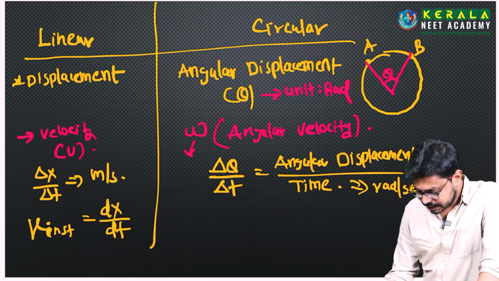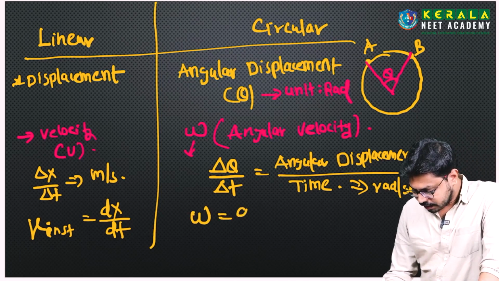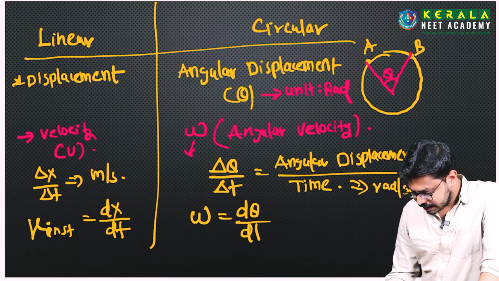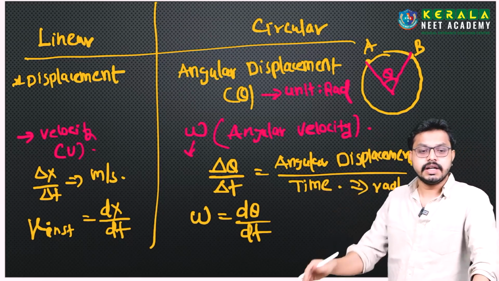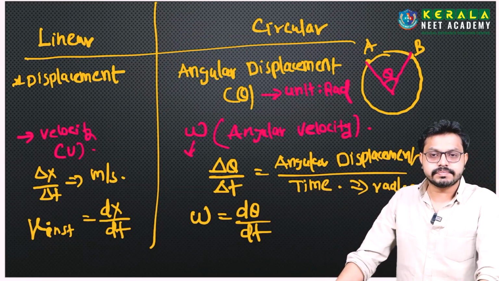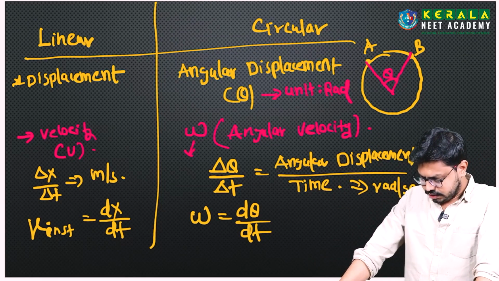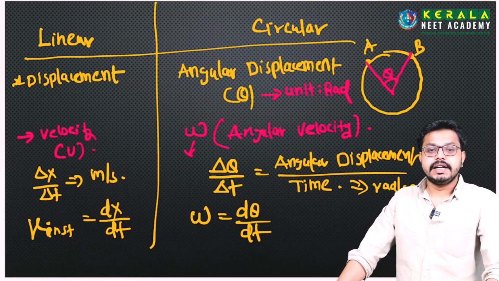So here, the instantaneous omega will be d theta divided by dt. What is theta? Angular displacement. What is x? Normal displacement. Clear? So omega is equal to d theta divided by dt.